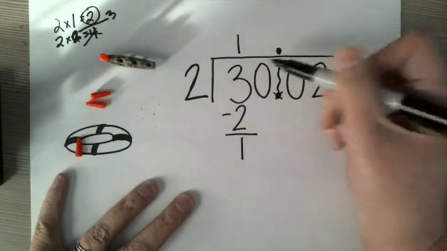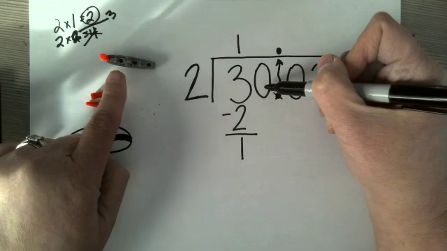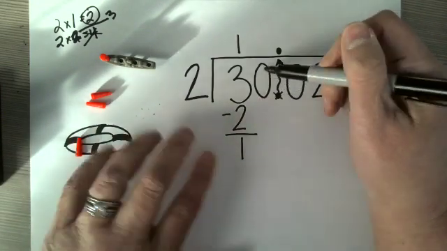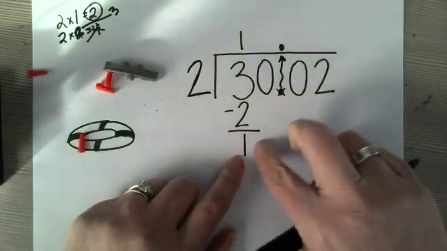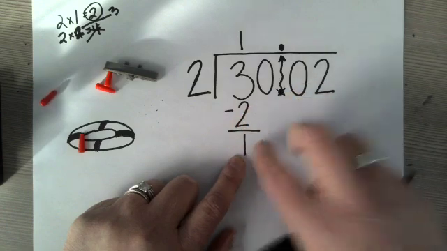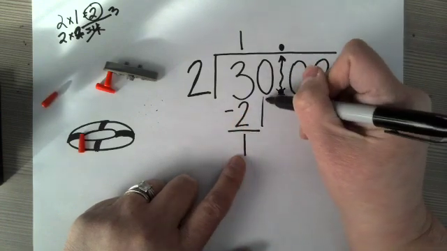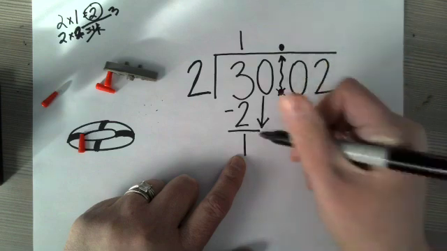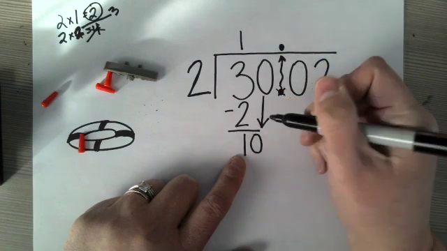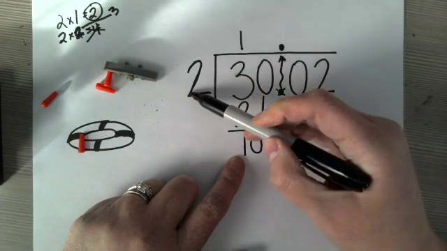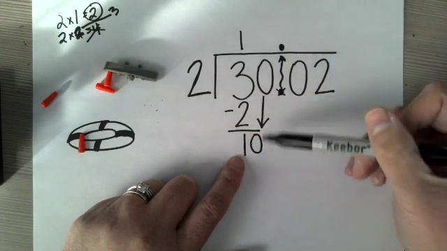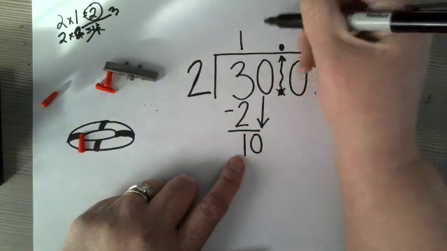Now, we're going to go on to the next hole in the battleship. But we're doing math down here. We've already done math up here. We've moved down here, so we've got to join up with where we're already at. So we bring that 0 down to here, and we ask ourselves, 2 times what is going to give us 10 or close to 10?